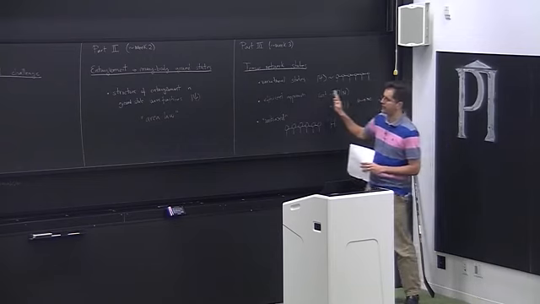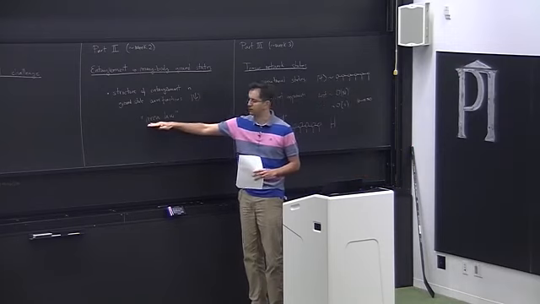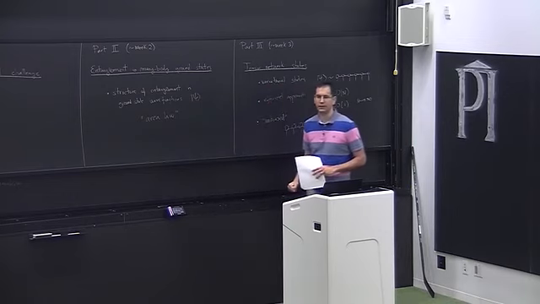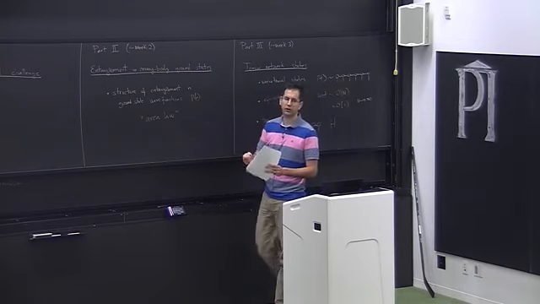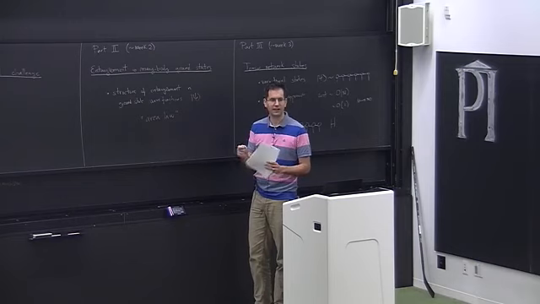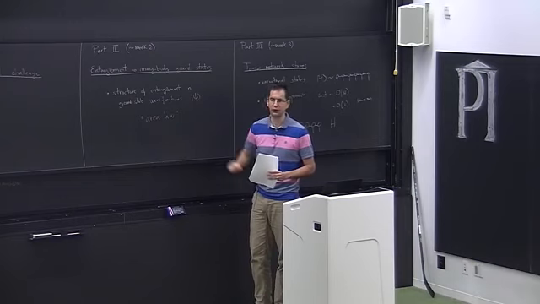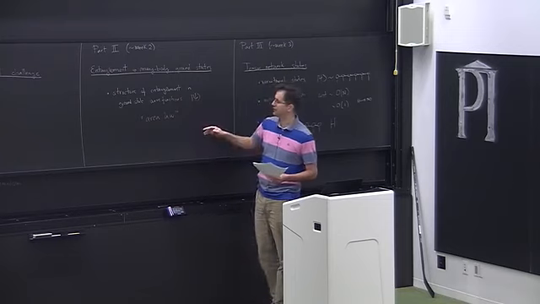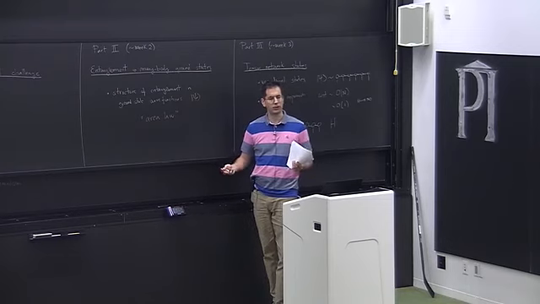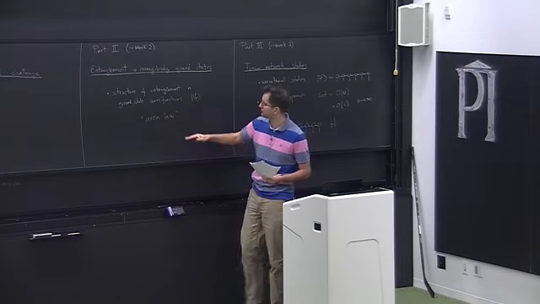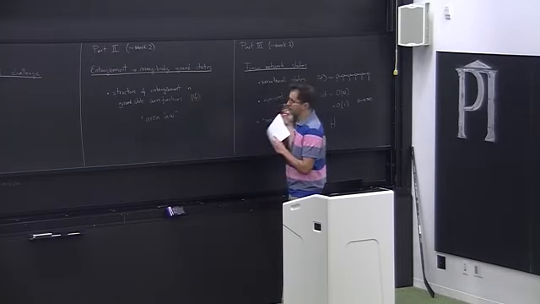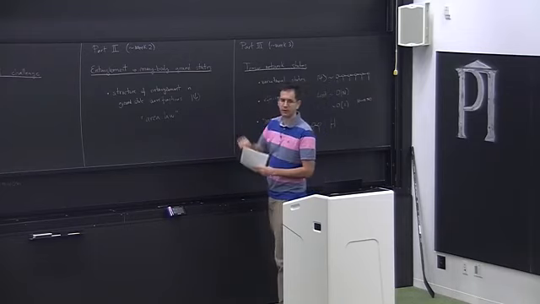Tensor networks are what happens when you try to exploit this property, which is common to all ground states of local Hamiltonians. When I say all, you can always build counterexamples, but you have to really engineer them, and you could dismiss those counterexamples as not being physical. So maybe the more correct statement is that a large class of Hamiltonians, local Hamiltonians that we are interested in, have in common that the ground state fulfills what's known as the area law. And tensor networks are a way of exploiting this property.